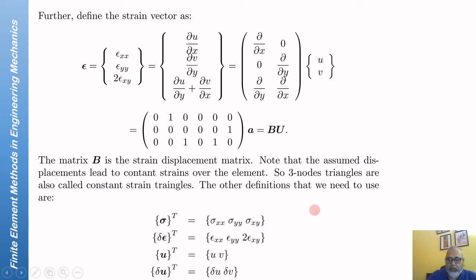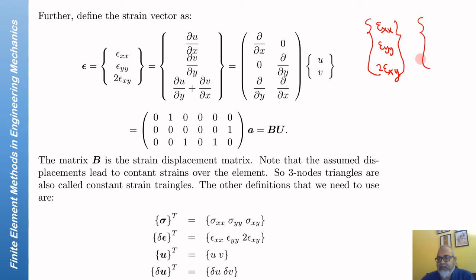Now to do that, as I have mentioned before, we take this as the ordering of the strains, and we call it epsilon. We take the ordering of the stresses in the same way.